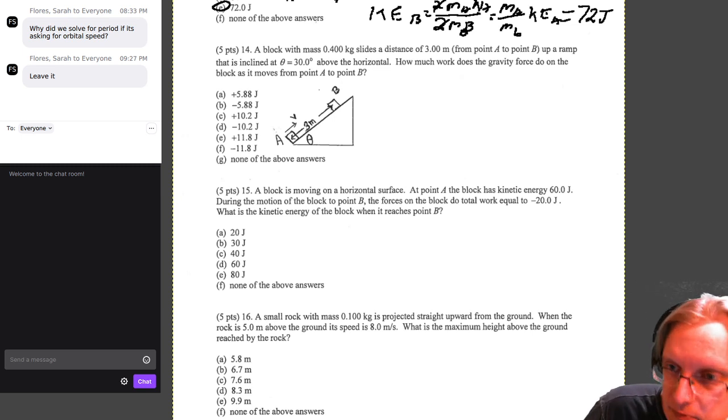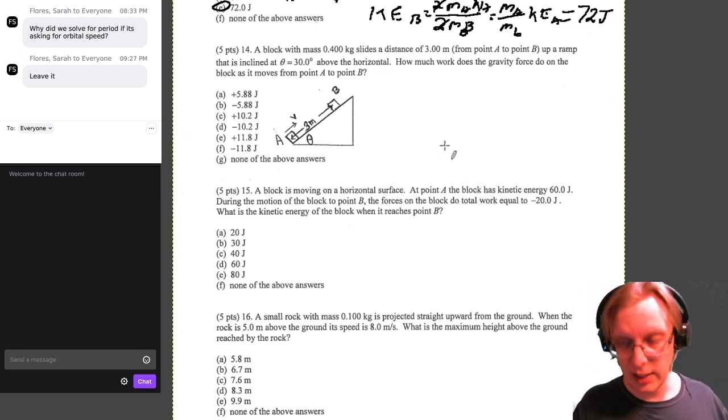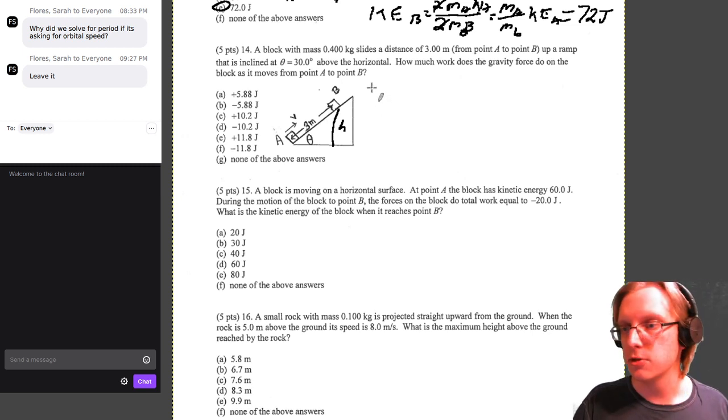Okay. Well, we must do 2 steps here. So we actually need H, which is opposite, and that's our hypotenuse. So opposite over hypotenuse, that would be a sine theta.